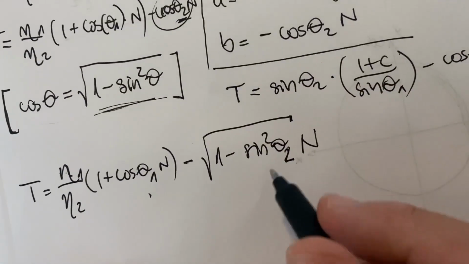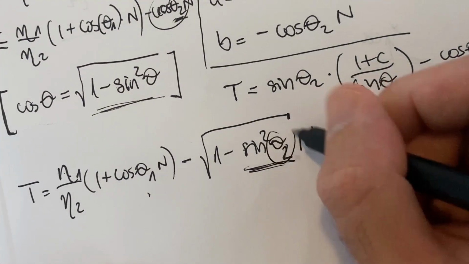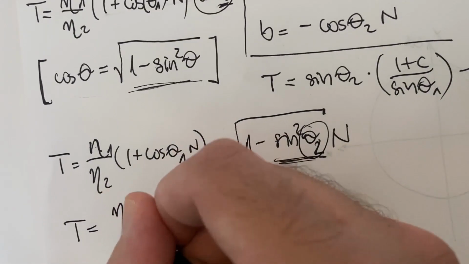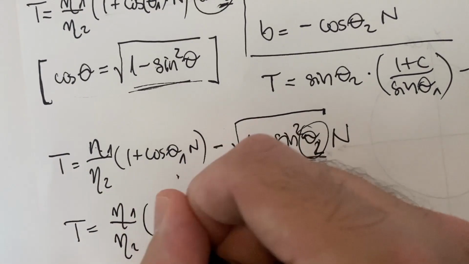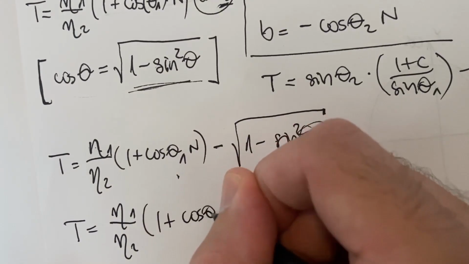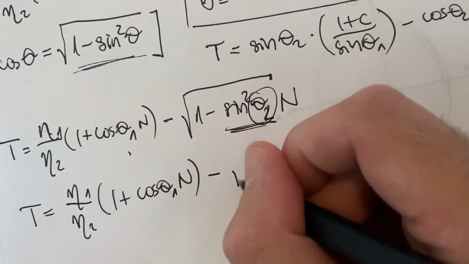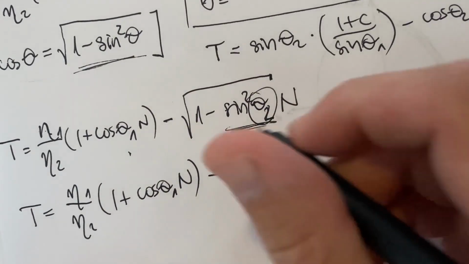Oh yeah, the next thing we can do here, we need to get rid of this, so we use Snell's law again. So this stays the same, but we do this.